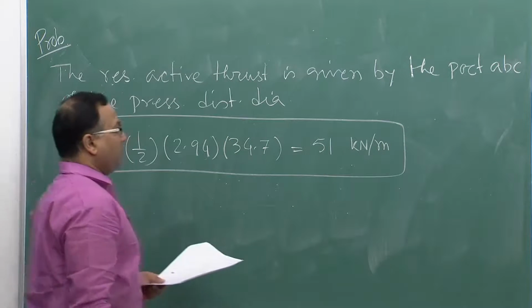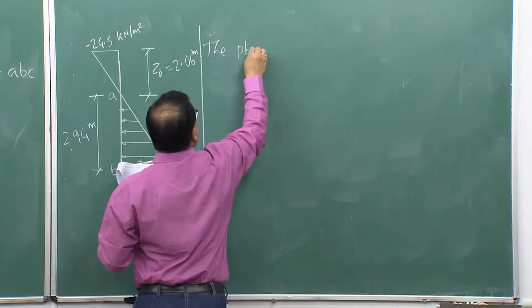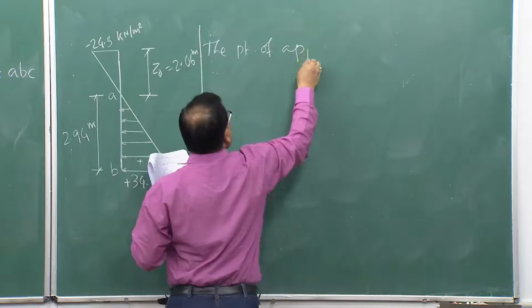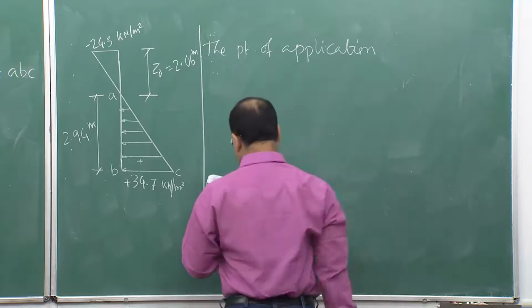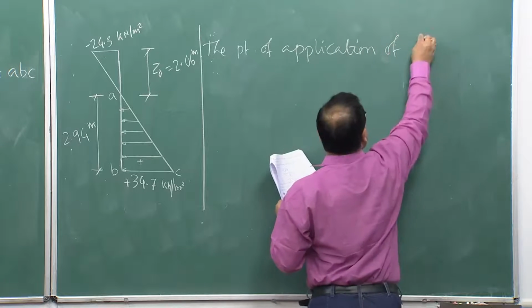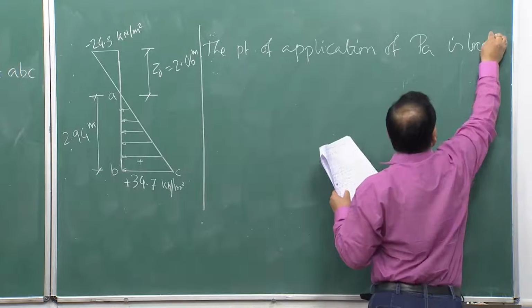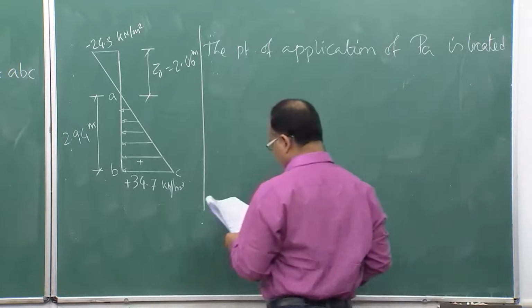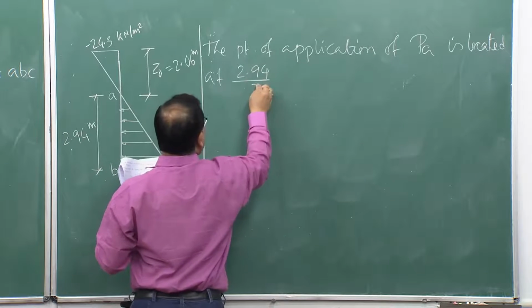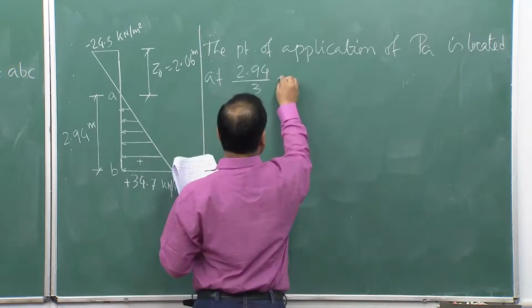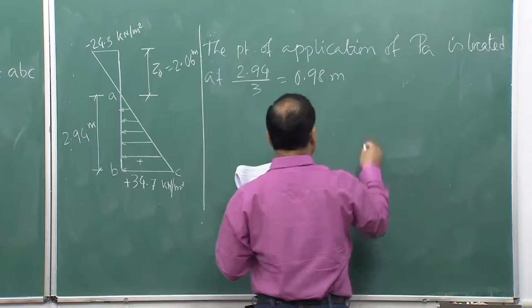And the point of application of PA is located at 2.94 by 3, that is 0.98 meter above the base of the wall.